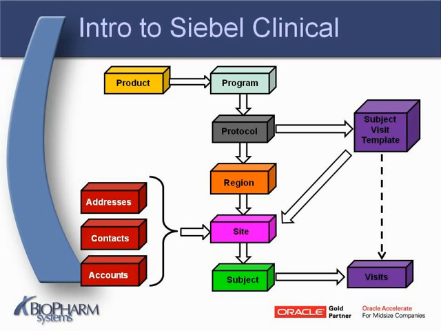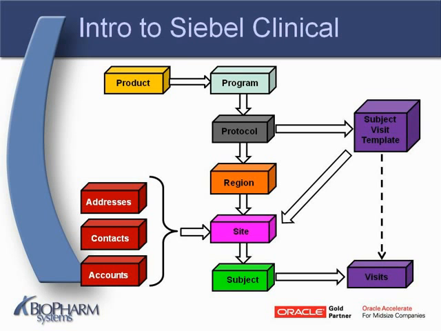On the left-hand side of the graphic, we can see three boxes in red, which are labeled contacts, accounts, and addresses. Siebel is a relational database, so these red boxes represent your pool of external persons and organizations you interact with on a study.